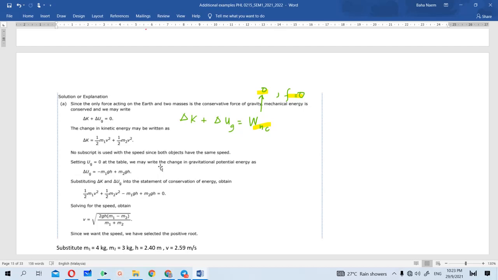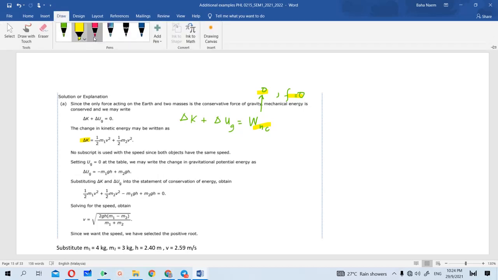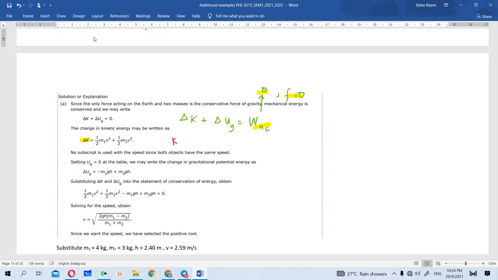Now, look at how specially we treat the idea of kinetic energy. In this case, originally the initial kinetic energy is 0 for both mass 1 and mass 2.